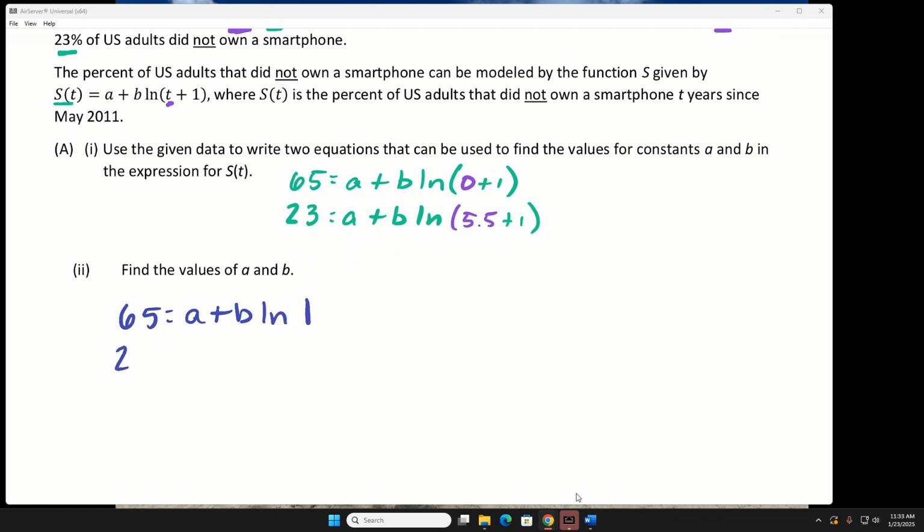And then on the other equation, you would need to add 5.5 and 1. All right. And then the natural log of 1, we hopefully know in our heads. If you don't, you can type it into the calculator.